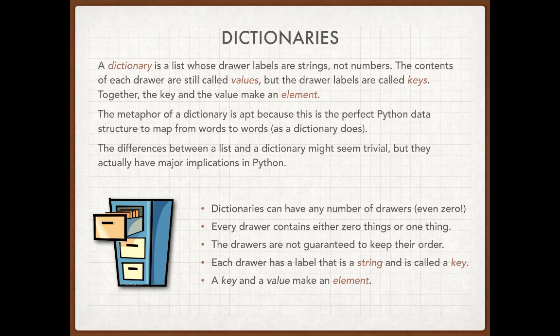We won't see those necessarily today, but we're going to see them in a little coding experiment in a couple of lectures. And then each drawer has a label, but whereas a list is labeled with numbers, a dictionary is labeled with strings. And we call that string label a key. And a key and a value still make an element.